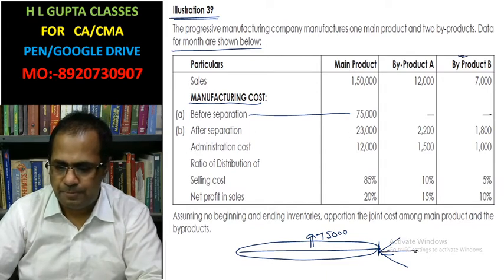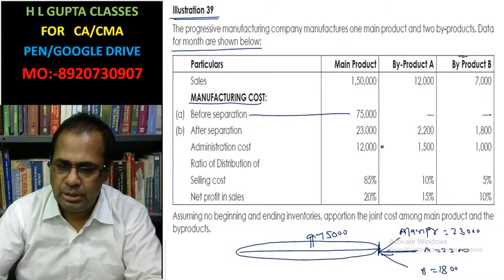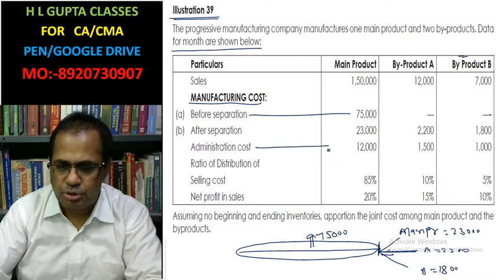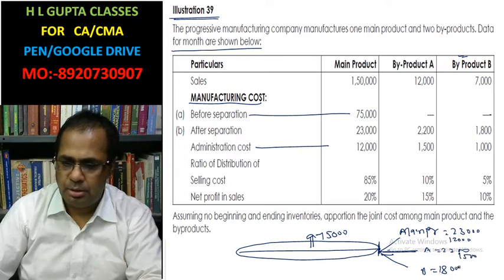Suppose this is the main product, this is A and this is B. Then this is 23,000, this expenditure is 2200, this is 1800. Administrative cost is also given: this is 12,000, this is 1500, this is 1000.